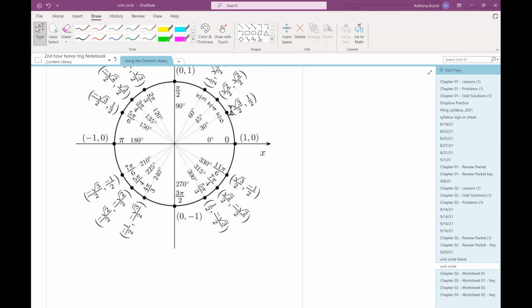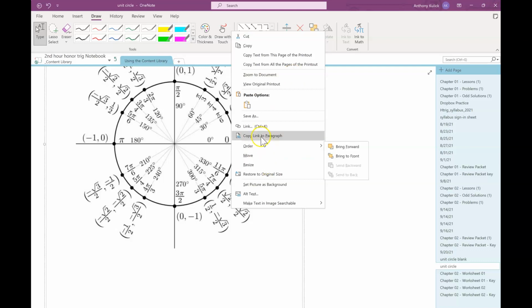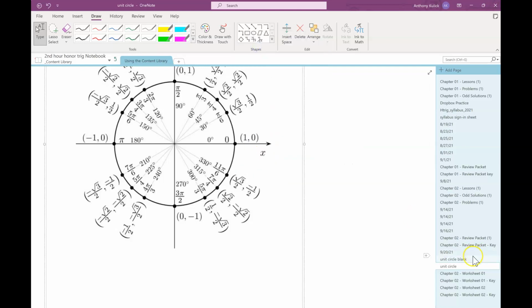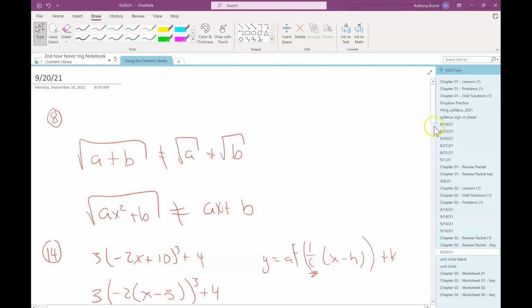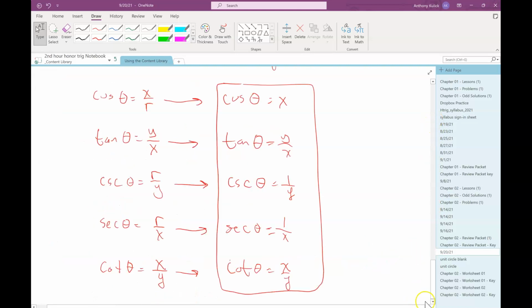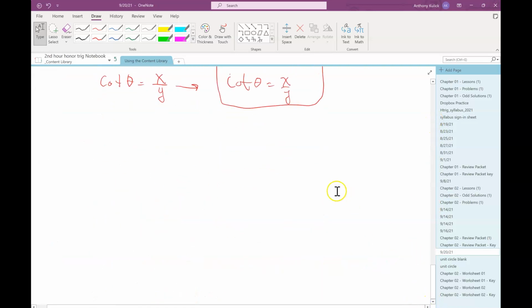Okay, so let's do a little practice using that unit circle here. So I'm just going to copy this over to the notes page. And we'll do a little example, or set of examples here.